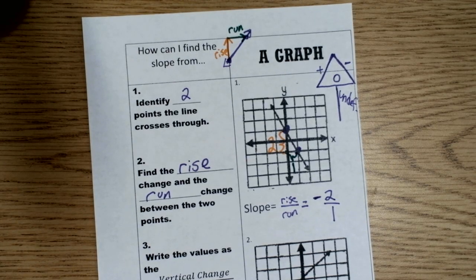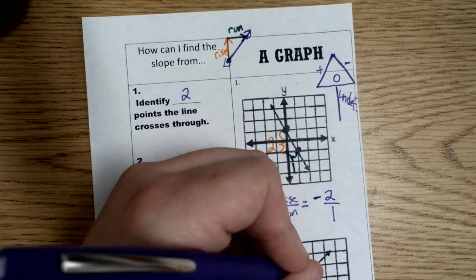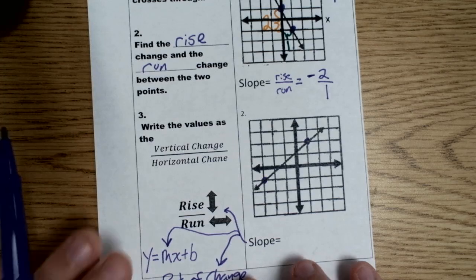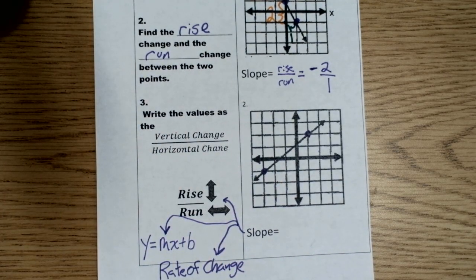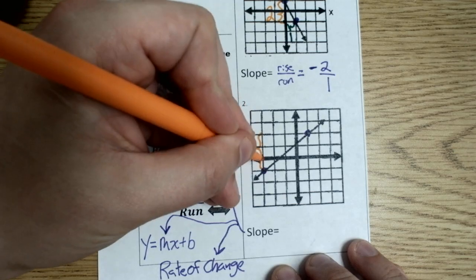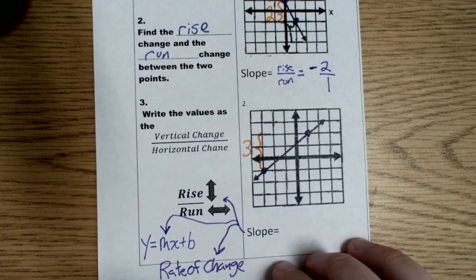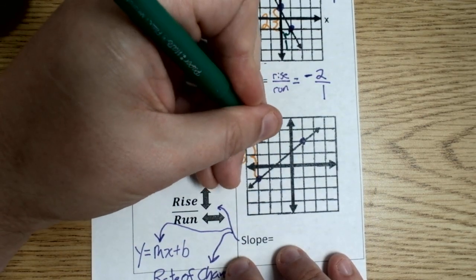Okay, we'll look at one more. I've got a point right here and right there. Thinking about my slope as rise over run. Oh, you can't see that, sorry. So I've got a point here and here. As I think about that as rise over run, look at my rise, it goes up 1, 2, 3 it looks like, and then goes across 4.